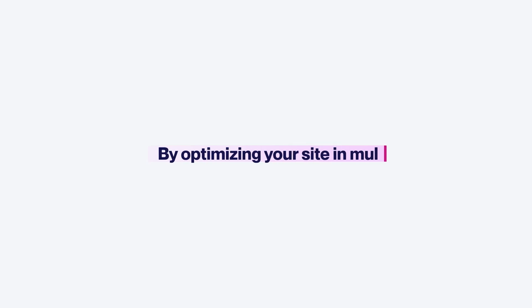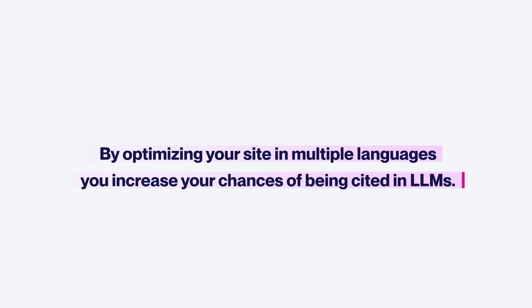So by optimizing into multiple languages, you're clearly going to increase your chance of being referenced in AI-powered answers globally. And we're not just talking about LLMs, we're talking about, for example, Google AI Overviews. We have quite a lot of really interesting data that we're going to be releasing about this. So yeah, let's make sure we link the study in the description.